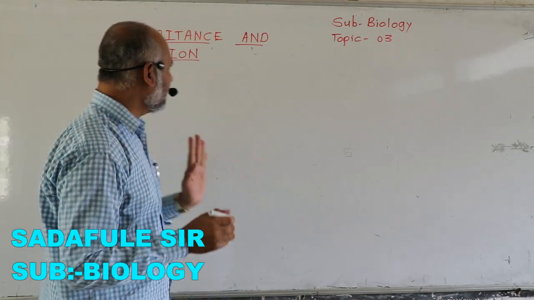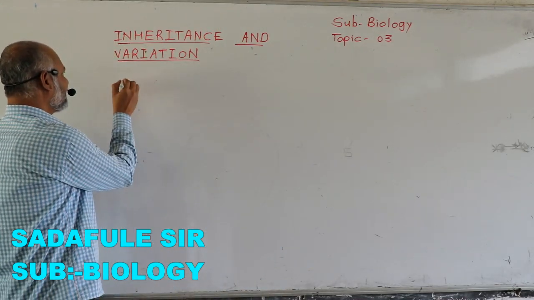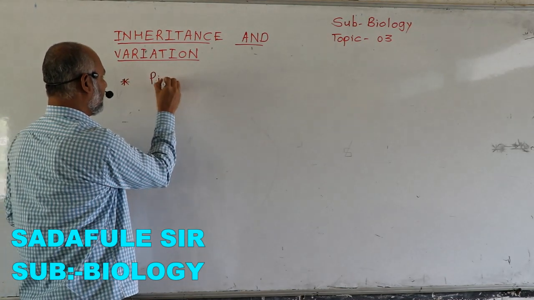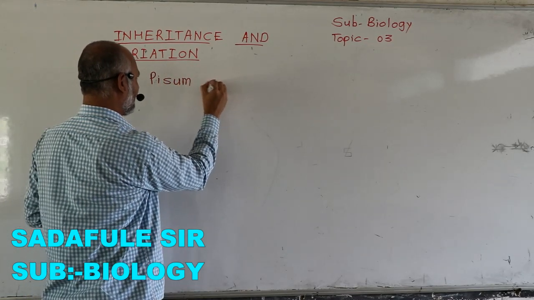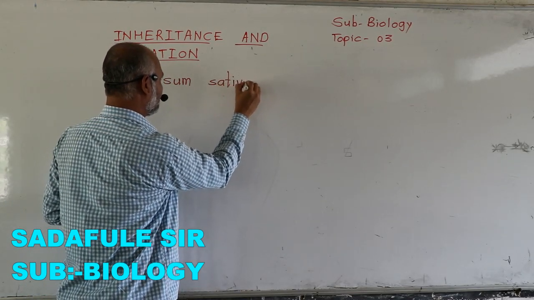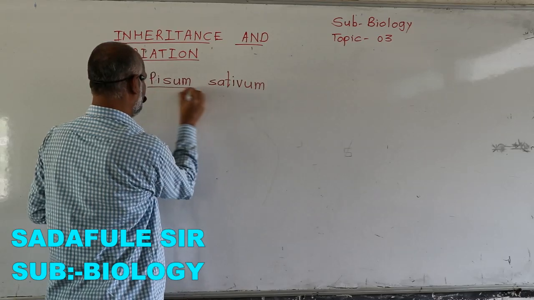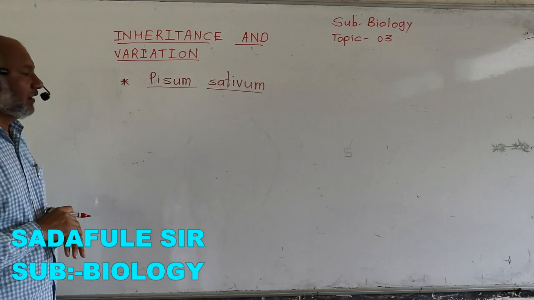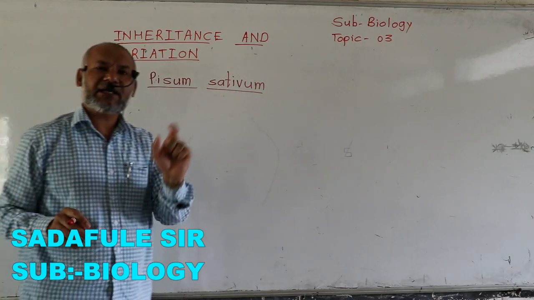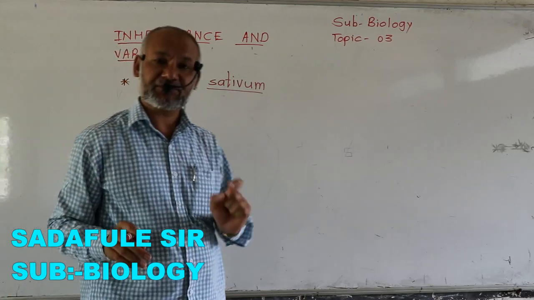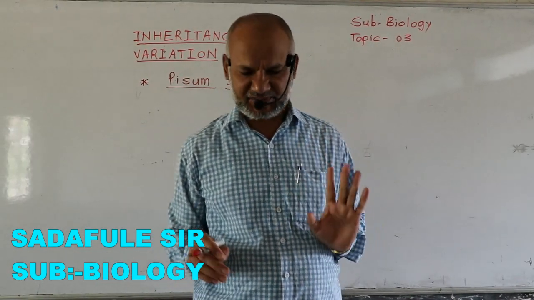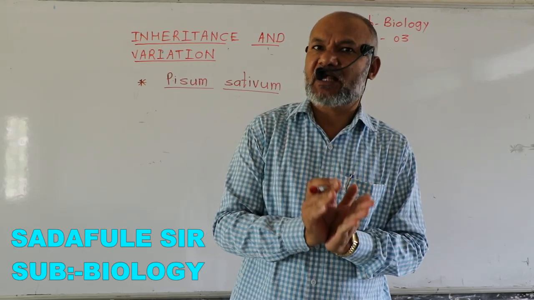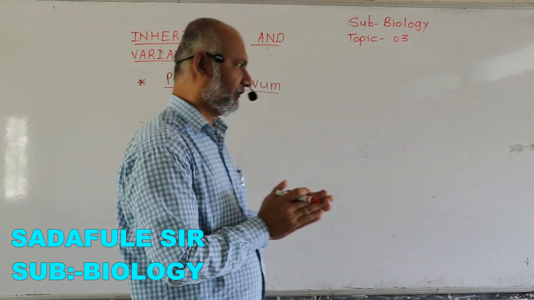Mendel carried out experiments using one plant, and the name of the plant is Pisum sativum. The common name is the garden pea plant. Now, the question is, why did Mendel select pea plants for his experiments?